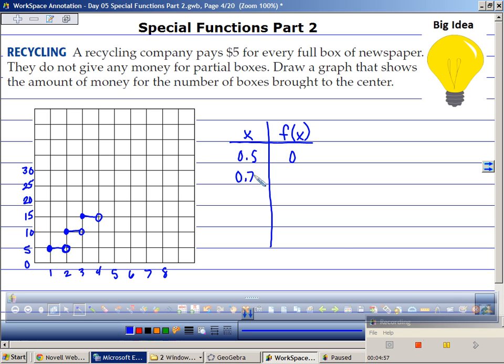If I bring in 3/4 of a box, how much am I going to get? Nothing. If I bring in 0.99 of a box, what am I going to get? Nothing. As soon as I bring in one full box, I'm going to get $5. I bring in 1.5 boxes, how much am I going to get? 5. This is called a step function or a greatest integer function.